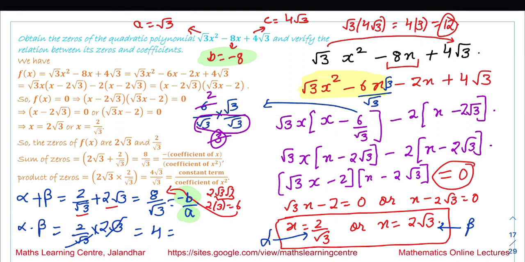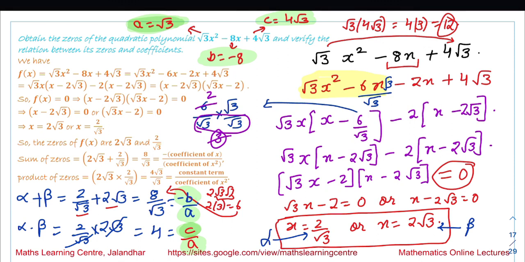What is the value of a? It is √3. Similarly, the product is c/a. The value of c is 4√3, and the value of a is √3. So we have verified the relation between the zeros and the coefficients of this polynomial.